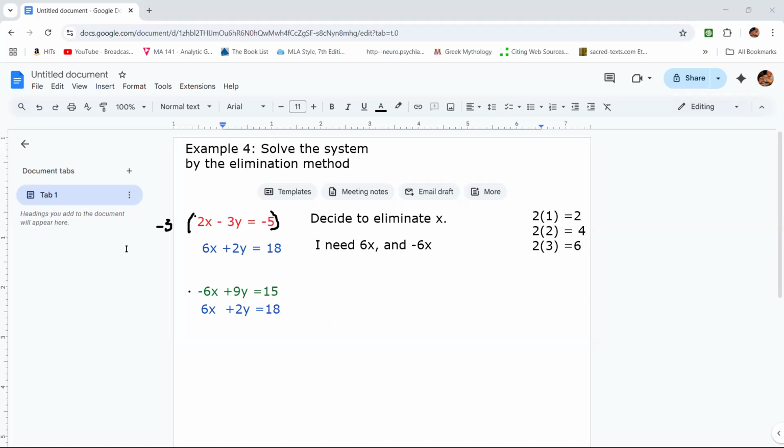Now, I'm going to do what we did before, okay? So to catch up with my notes over here, let me catch up with my notes for a second. I multiplied.